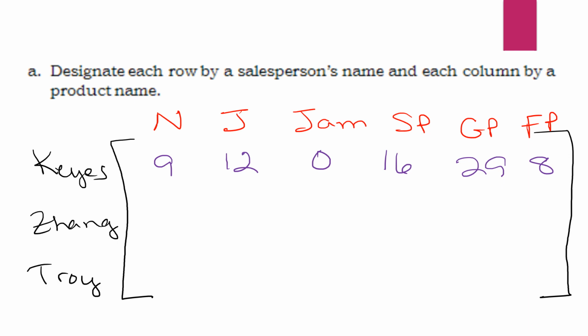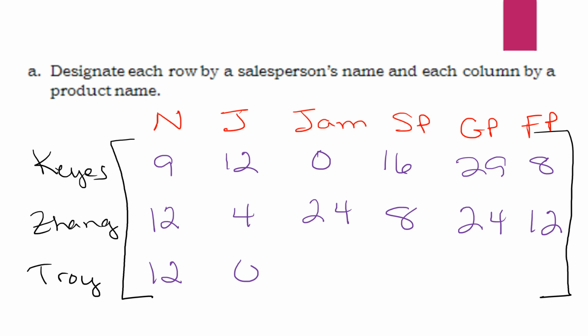We'll do the same info for Zhang and Troy, and this will create our first matrix with this data. So Zhang had 12 sales for the nuts, 4 for the jerky, 24 for the jam, 8 for snack packs, 24 for gift packs, and 12 for the family pack. And Troy sold 12 also for the nuts.